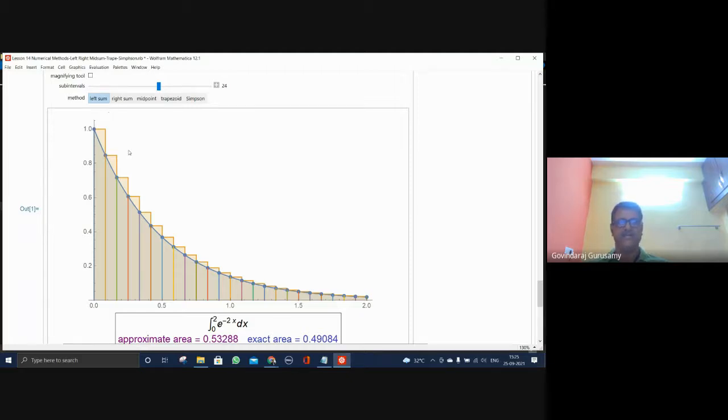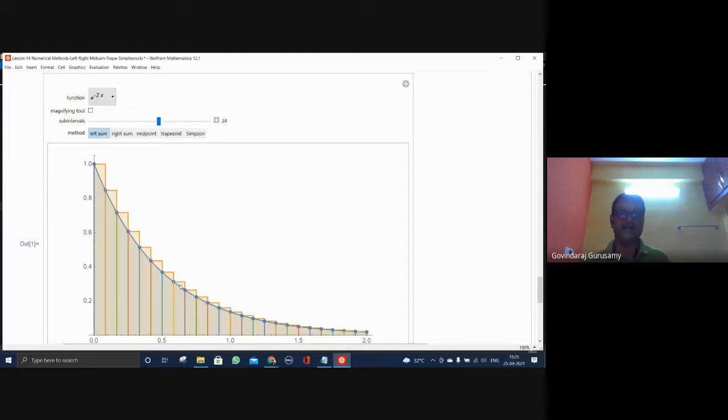Depending on the curve, it changes. For example, here maybe it is high. The small area has a corresponding error. So all this should be taken into the error analysis. That's why error analysis becomes a little complex in this kind of integration. This is for one type of function.